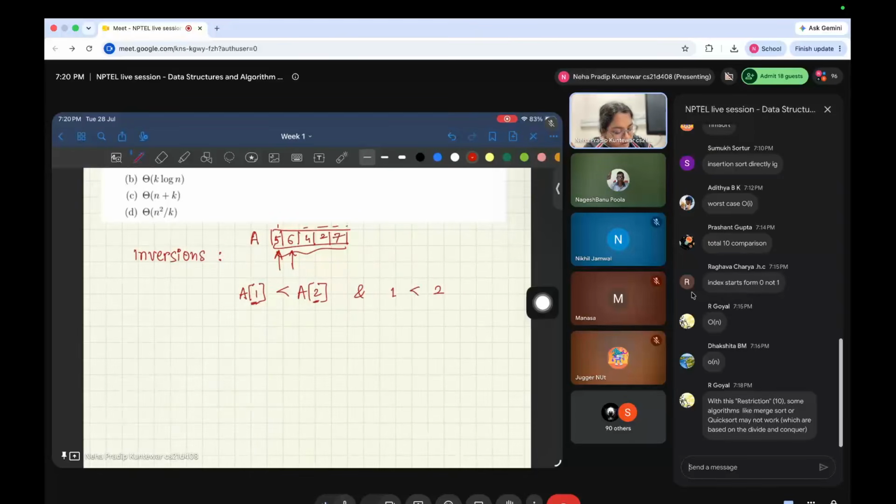But if you look at the elements at the second and third positions, 2 is less than 3, but what about the values? If you look at the values at the second and the third position, it's not respecting the order, right? So if this is 6 and this is 4, you see an inversion. The positions are in one order, but the values at those positions are inverted.